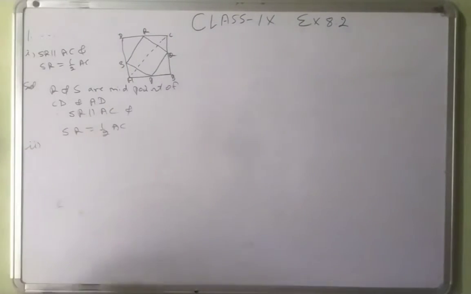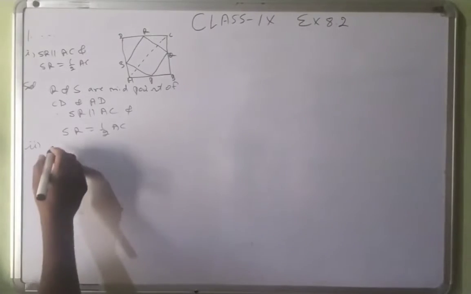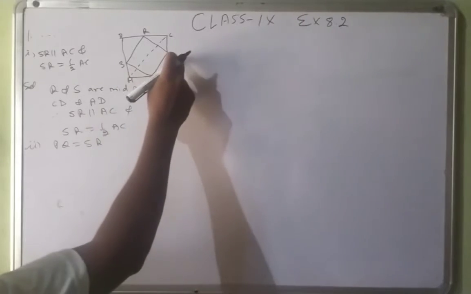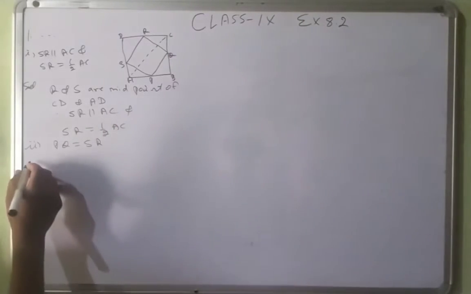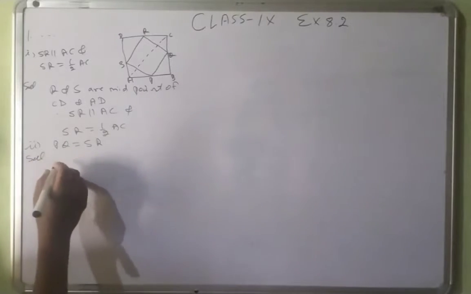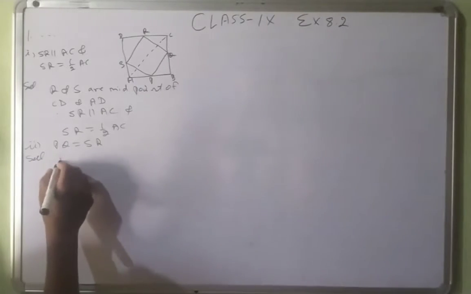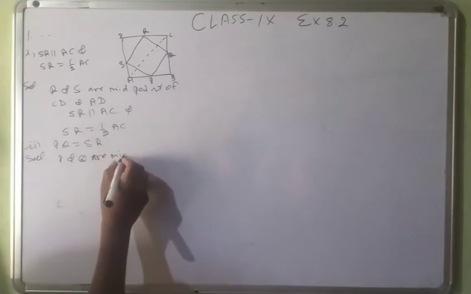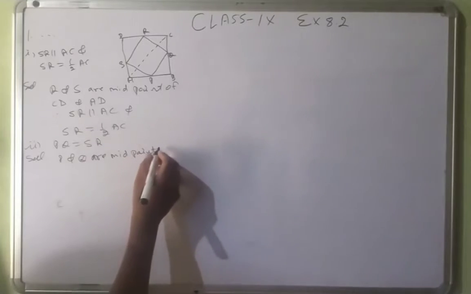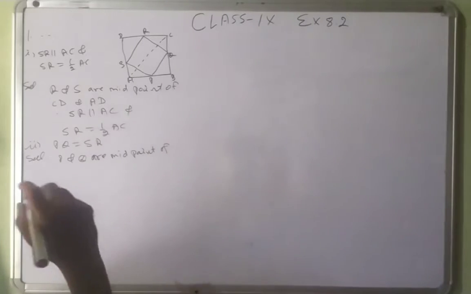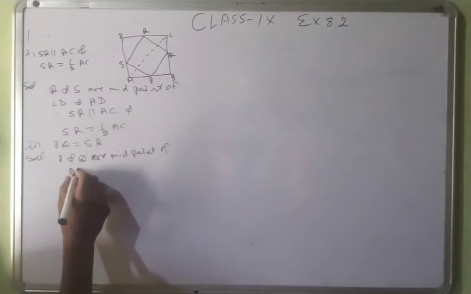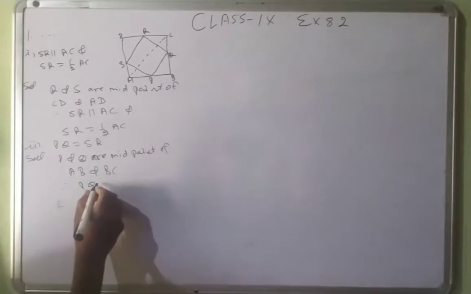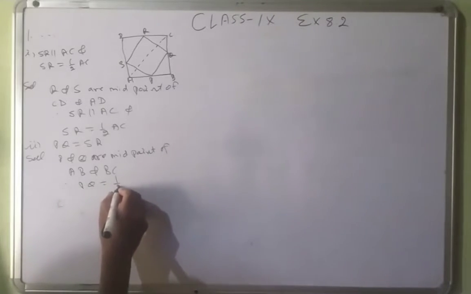Second part: PQ is equal to SR. Solution: P and Q are midpoints of AB and BC. So PQ is equal to half of AC.